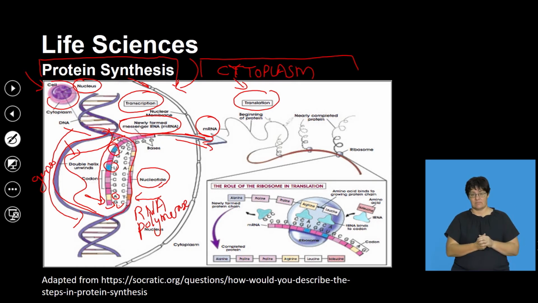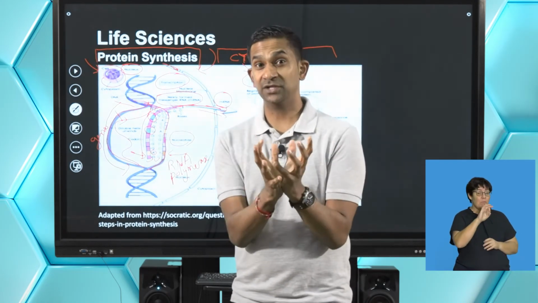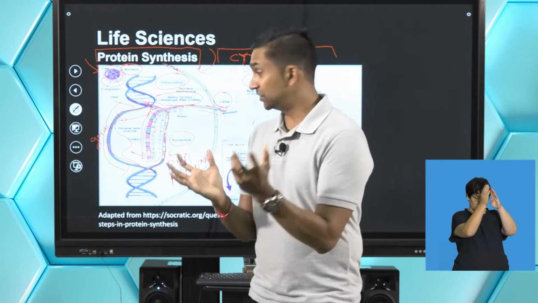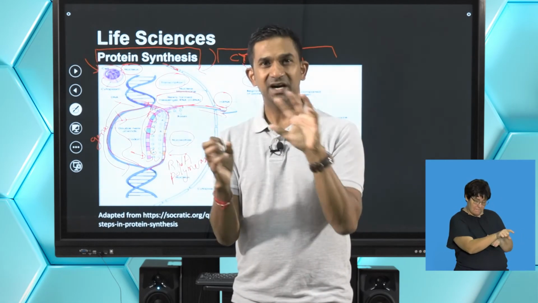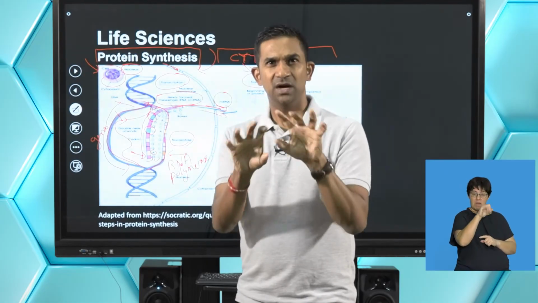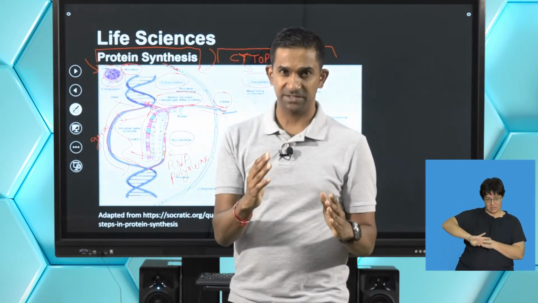So if we were to recap the process of transcription, transcription is the production of mRNA. In order for that to happen, the cell and the nucleus will identify a specific gene. At that point, RNA polymerase is able to unwind and break open the strand, exposing a template.